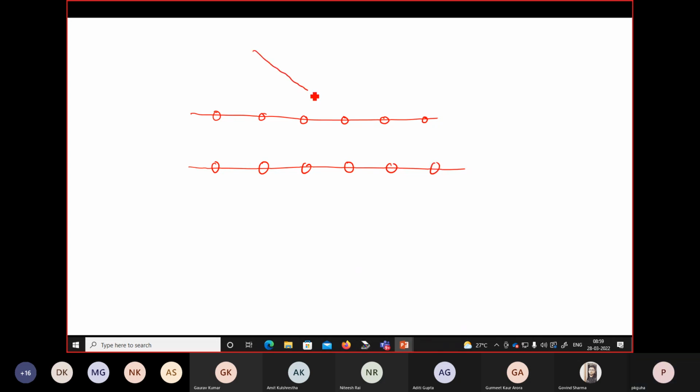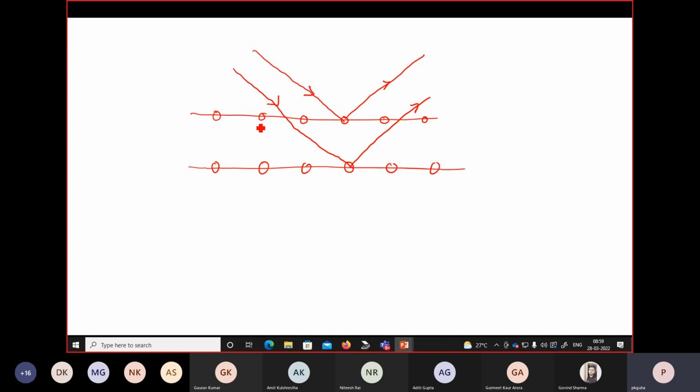Okay, so our sample, say this is one crystalline plane, this is another crystalline plane, and we have lattice atoms, and X-ray is incident on the sample and it is reflected back, and again it is reflected back.